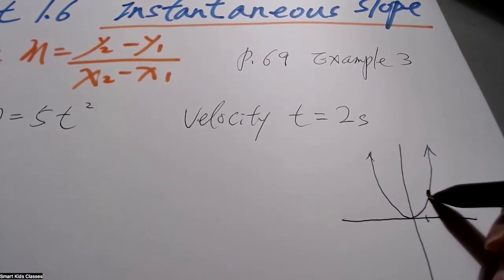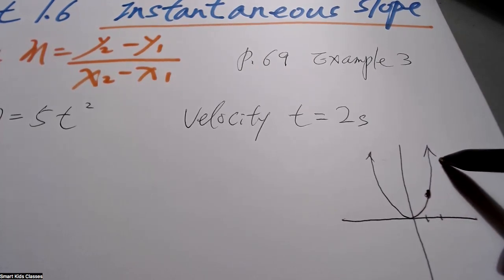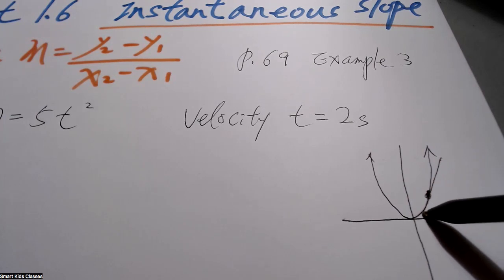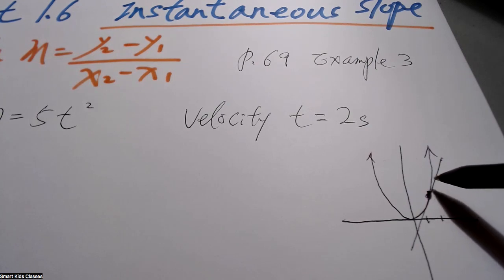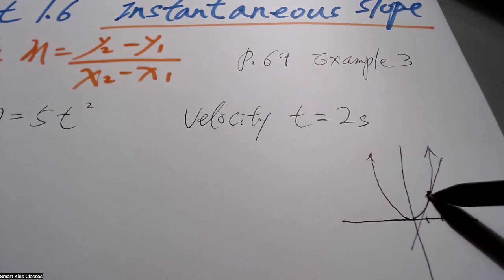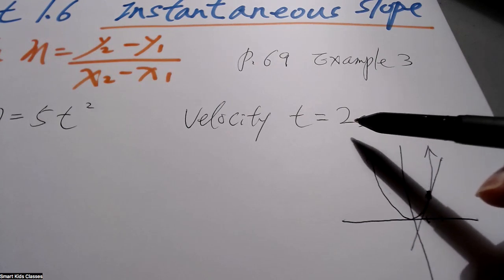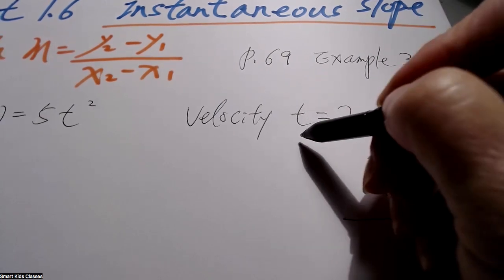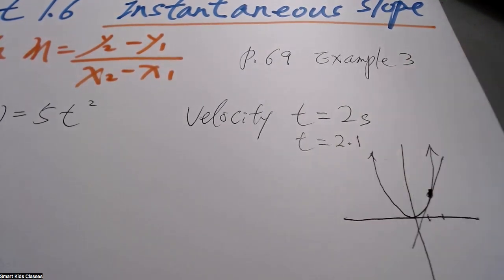The instantaneous slope is looking for the tangent line like that. So the slope is over a very tiny distance, so I'm going to take t equal 2.1.